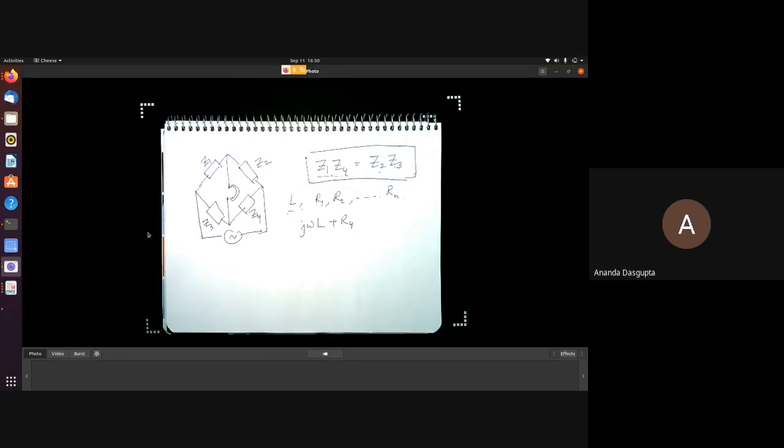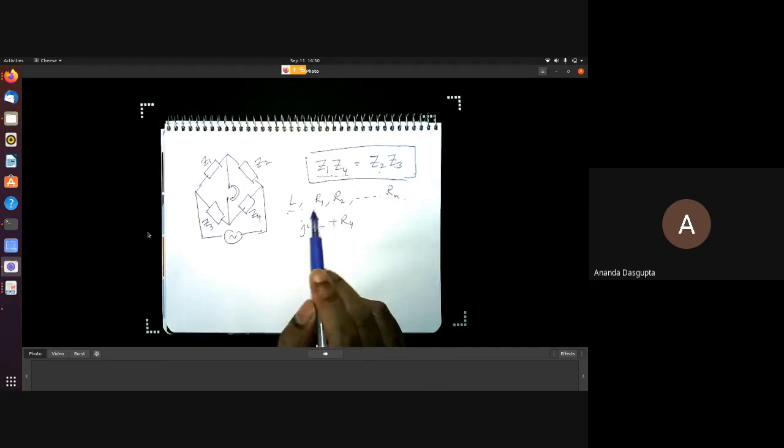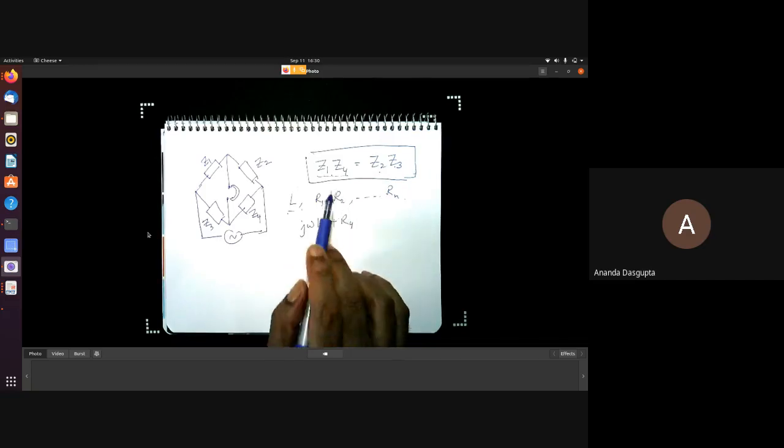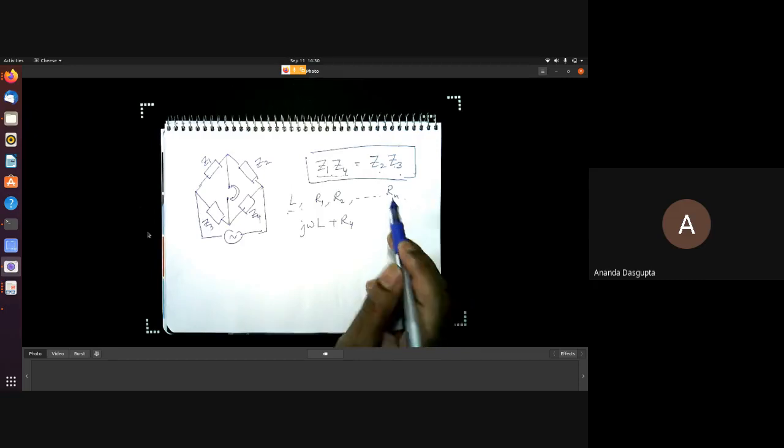So it could be j omega L plus R4, or j omega L into R4 by j omega L plus R4, plus maybe R5 or whatever. But the point is, one of the 4 impedances will be complex, the other 3 will be real. If that is the case, it's impossible to satisfy this equation because the phases, as was pointed out right now, will never match. Okay. So Z1 Z4 equals Z2 Z3 cannot be satisfied with only one inductance. So can I satisfy it with 2 inductances?